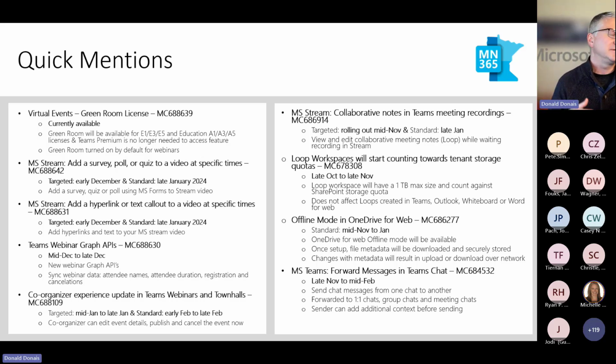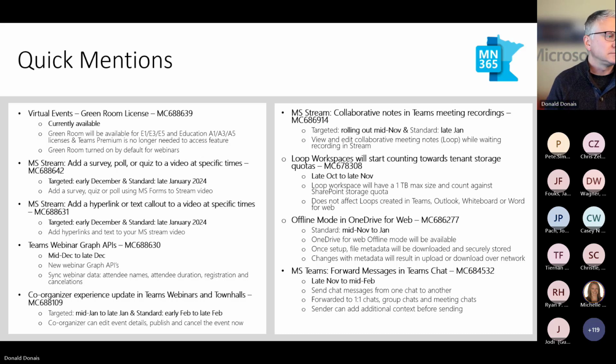OneDrive is more personal. If I do a Loop inside a Teams meeting or a Teams chat, guess what? That goes into my OneDrive. But if I want to do something that's more collaborative across the entire group, maybe like a SharePoint site type scenario, that's what the workspace is. That's going to count against your tenant SharePoint storage quota. That's important to keep in mind, okay?